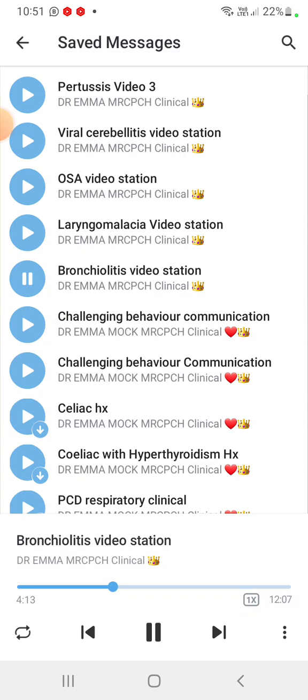So, what investigation will you do for bronchiolitis? Bronchiolitis is a clinical diagnosis. But if the child has any localizing sign or cardiac murmur or atypical presentation, or age more than 18 months, we can suggest the chest X-ray. Urea electrolytes, if we keep the patient nothing by mouth, and SpO2 monitoring.